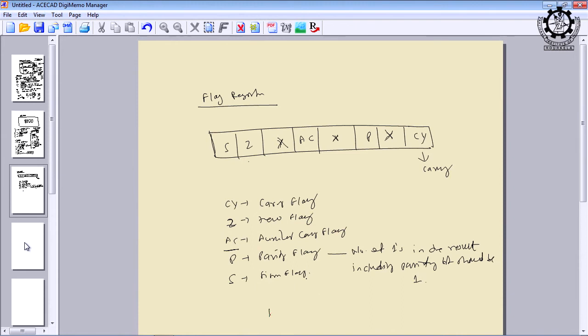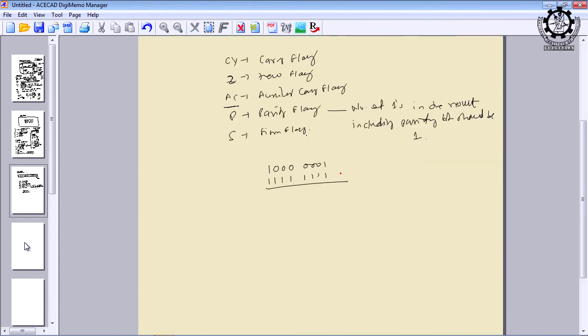For example, I am adding 1 0 0 0 0 1 1 1 and another 8-bit number, you can see here 1 plus 1 is 0 with carry 1, and so on. Now you can see the result is 8 bits, and there is an extra bit generated, and this is supposed to be the carry.